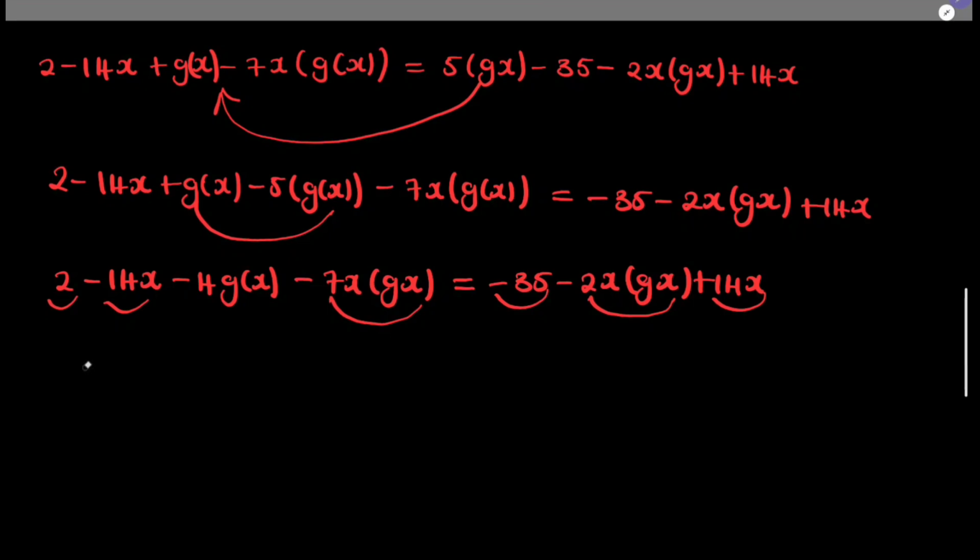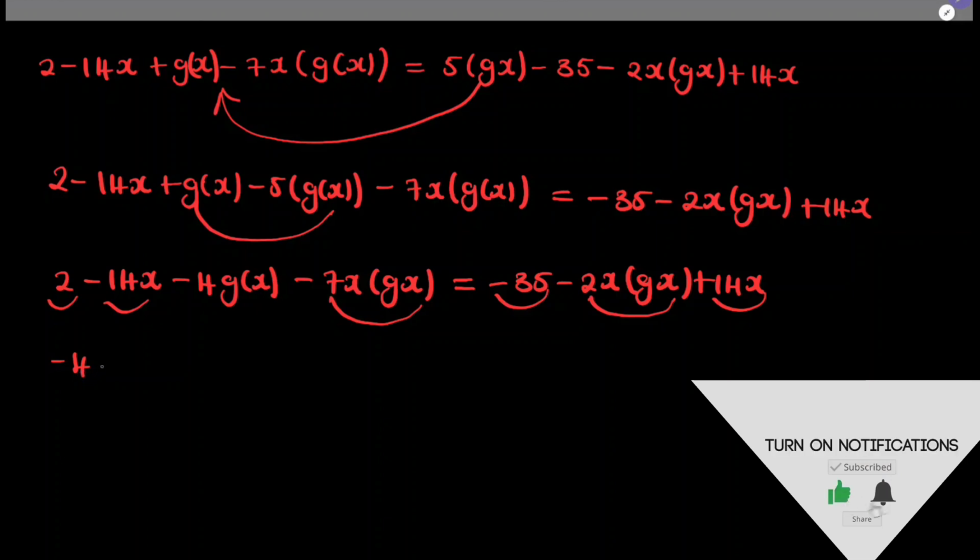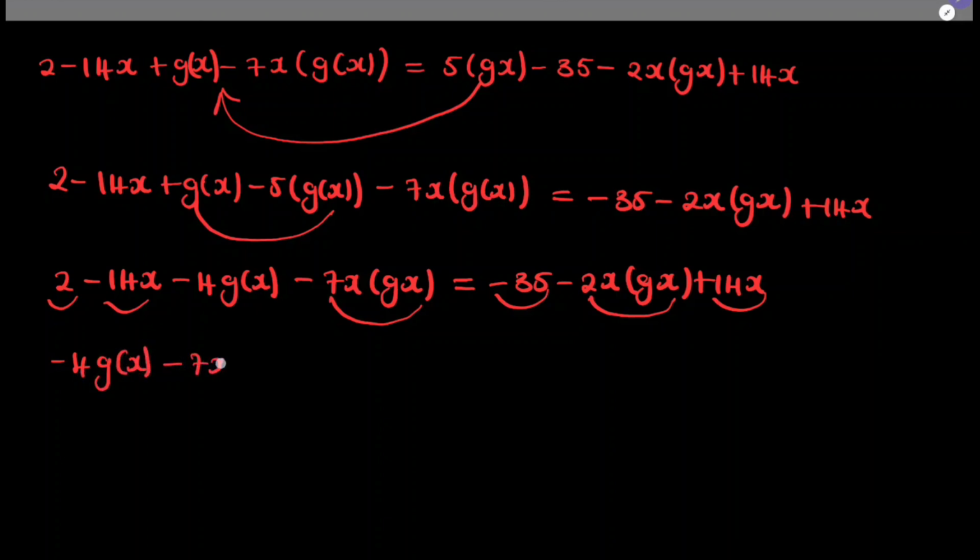So from there we'll have -4g of x - 7x times g of x, and we bring this way so you have plus 2x times g of x, equal to the terms without g of x on the other side.